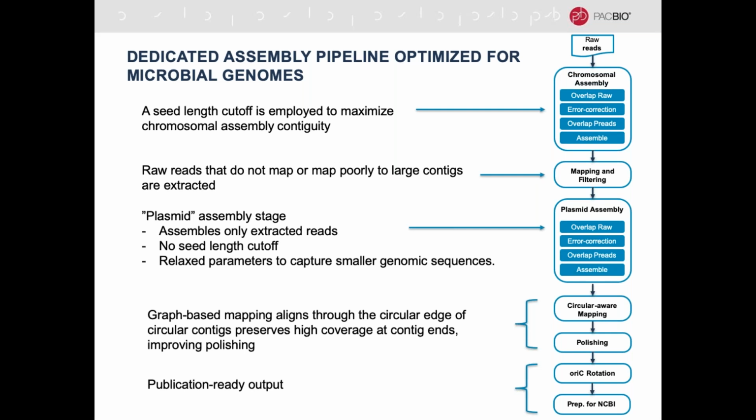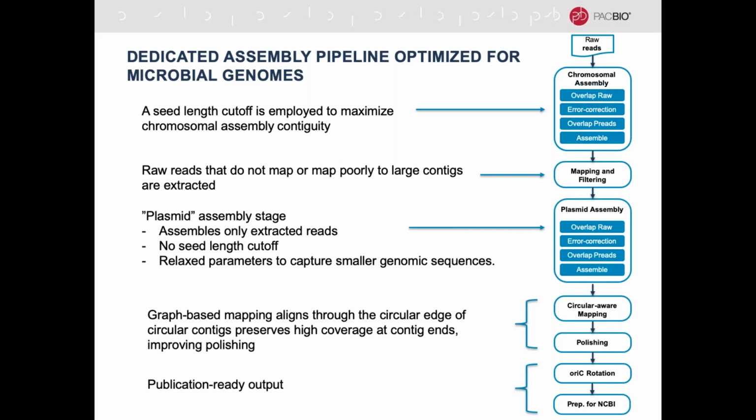And then all of those reads are reassembled in the plasmid assembly stage that then assembles those plasmids using tuned parameters to do so. That is followed by a mapping step, polishing, an origin of replication rotation, and automatic preparation for NCBI.